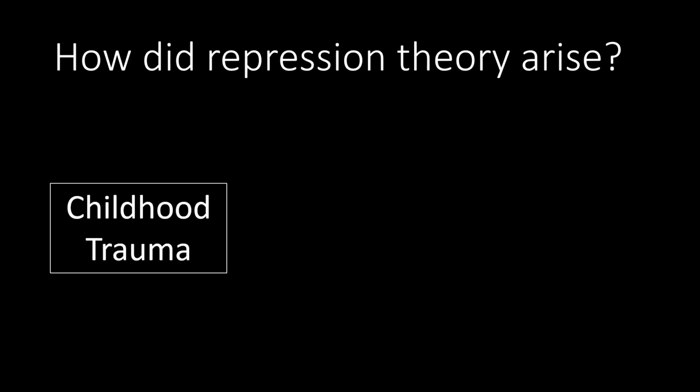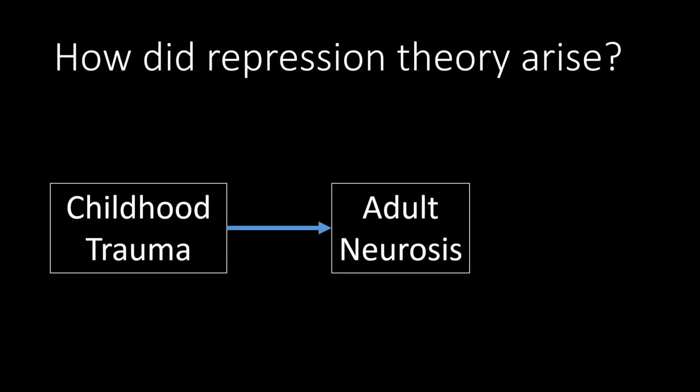Well, let's look at this theory with ad hoc additions that make it unfalsifiable. So childhood trauma causes adult neurosis. It's a reasonable hypothesis. There may be a small relationship between the two, or a large one. It's an open question.